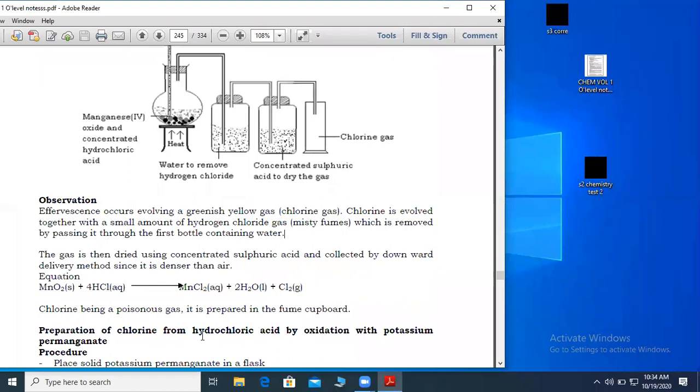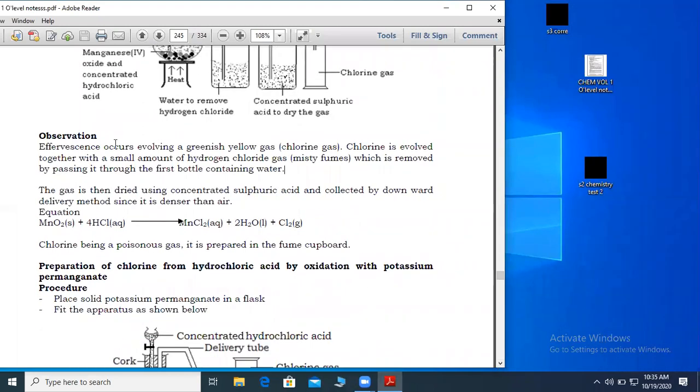Chlorine gas being poisonous, it is prepared in a fume cupboard. Now, that has been using manganese 4 oxide. Let us look at what happens when we use potassium permanganate. Remember, here someone can ask you a question when it is closed and it tells you the substances to use. You remember how you were messing up in preparation of sulfur dioxide?